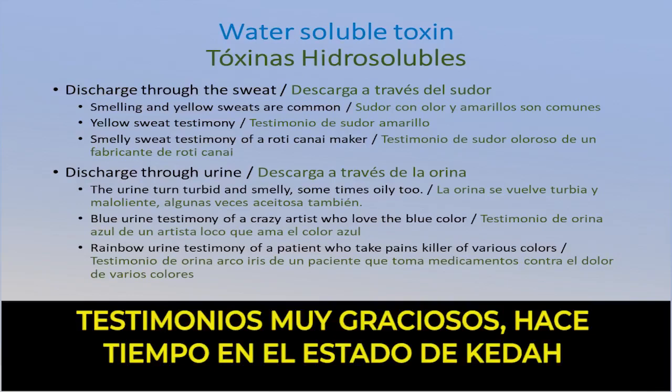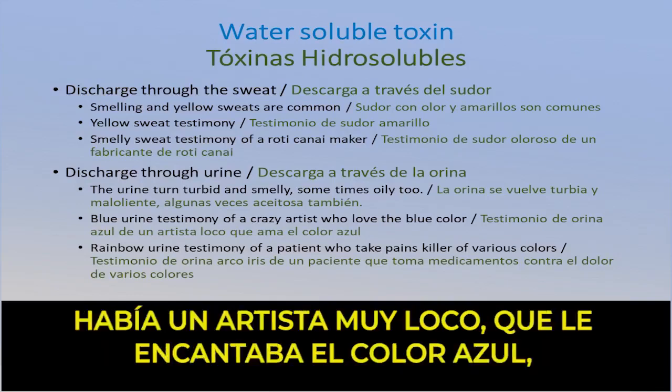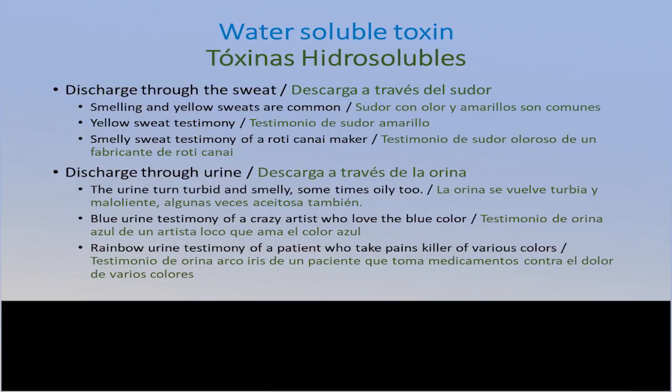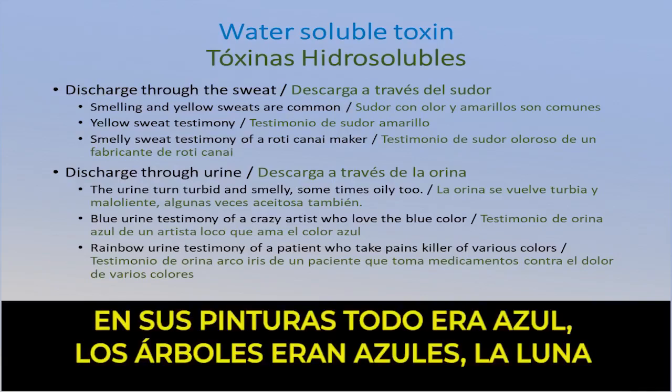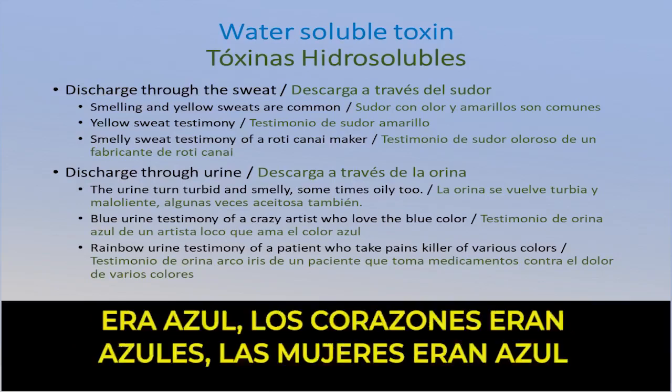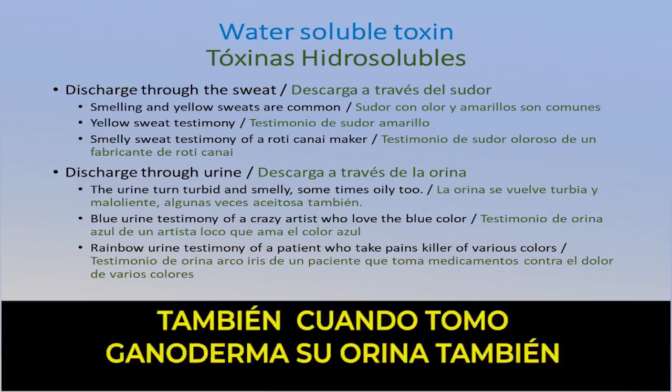testimonies. Last time in Kedah State, there was one artist, a very crazy artist. He loved the color blue. In his drawings, everything is blue. The tree is blue, the moon is blue, the heart is blue, the beautiful woman in the drawing is also blue.